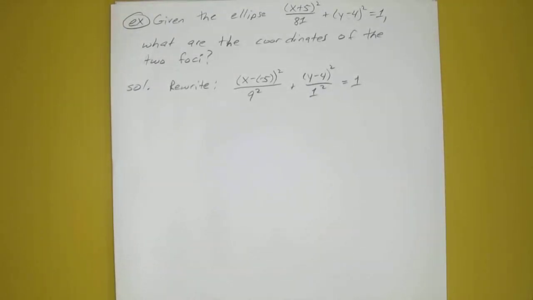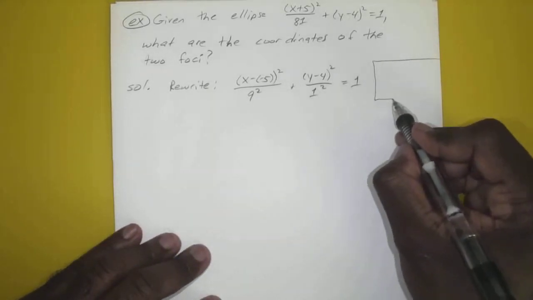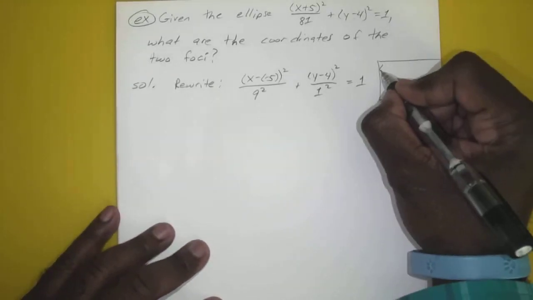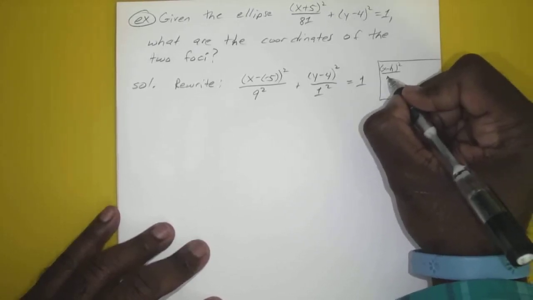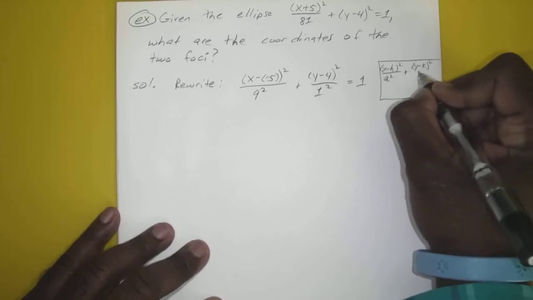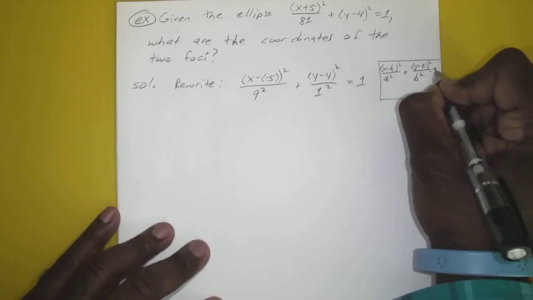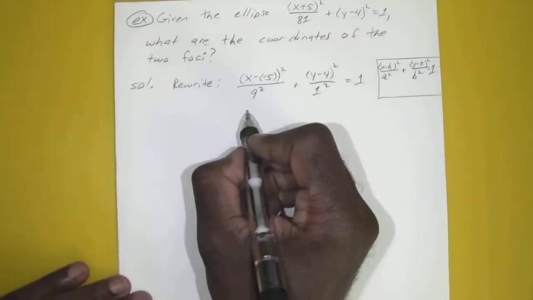Okay. So we know just from that, it's in the form x minus h squared over a squared plus y minus k squared over b squared equals 1. Okay. So how do we know the a squared is under the x term and not the y term?